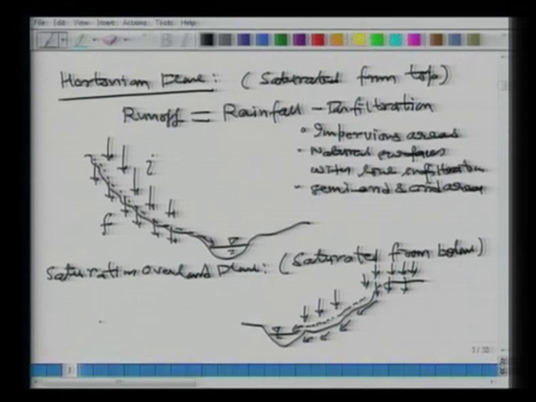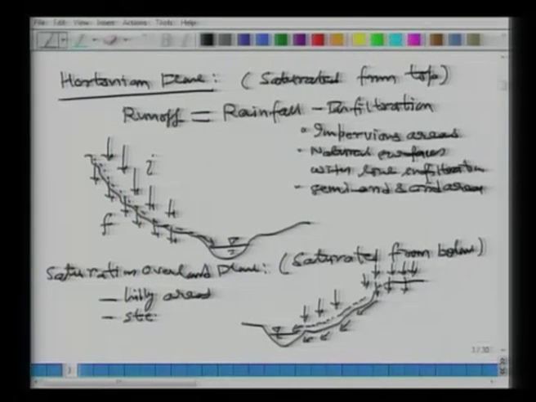And as you can imagine, the saturation overland flow will occur mostly in the hilly areas where the catchment slope is very steep, that will encourage the subsurface flow or the interflow, so that the ground can get saturated early. And you can also say steeply sloped catchments.